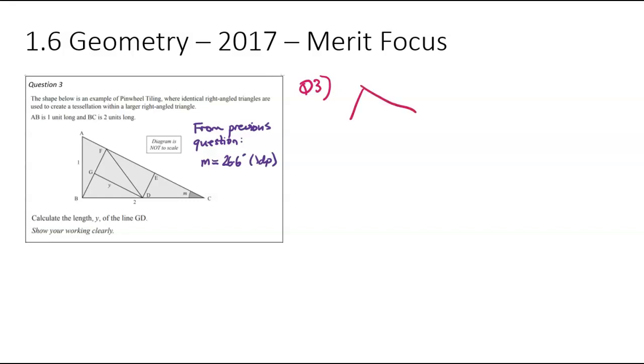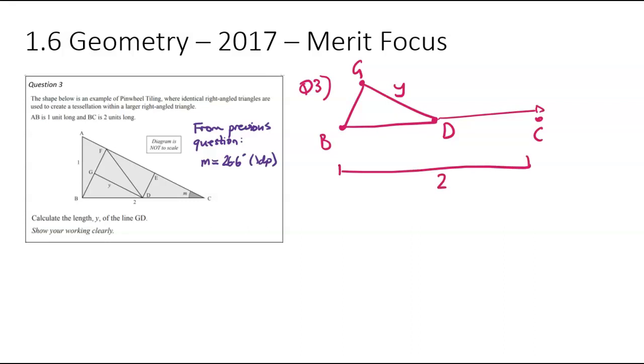So I'll start with drawing a rough triangle, and that's a really bad triangle. Let's draw that again. There we go. So there's a triangle. Down here would be corner B, up the top here, corner G, and down the bottom there, corner D. And we know that this here is Y, because GD is what we're trying to find out. I guess our starting point is line BD carries on all the way to C, and this total length here is 2.